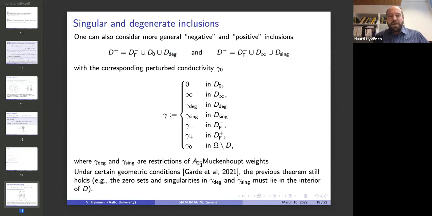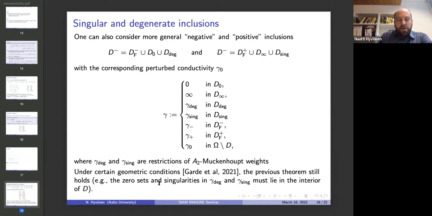So it can be an A2 Muckenhaupt weight inside the degenerate part of the inclusion, this conductivity. And the positive part also has this kind of singular part, and inside this singular part the conductivity can be an A2 Muckenhaupt weight that may have a singularity that goes to infinity. So both this kind of smooth or continuous approach to infinity and 0 are allowed in the respective inclusions.